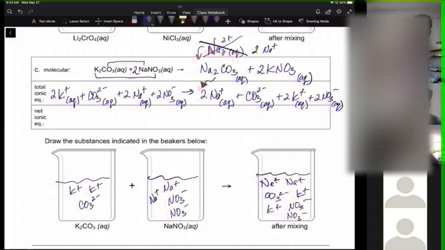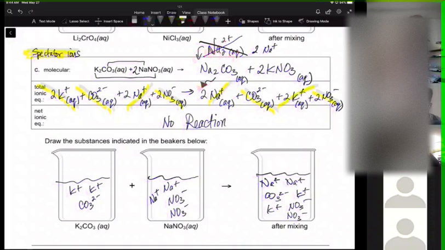Now, as we look at the spectator ions, right, I see the potassium is exactly the same on both sides. Carbonate, exactly the same on both sides. Same with the sodium, and same with the nitrates. So there's nothing that changes anything. So this is no reaction.